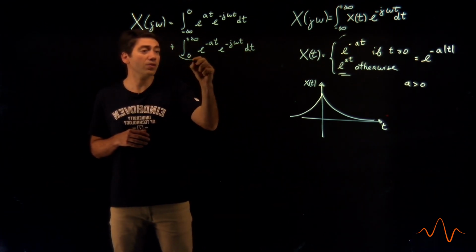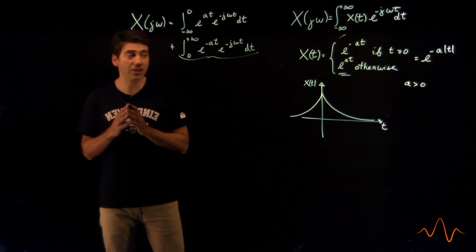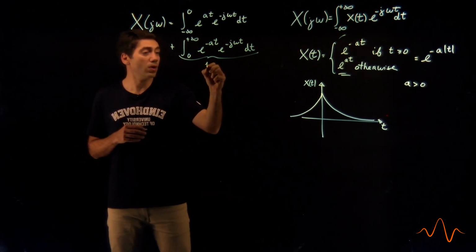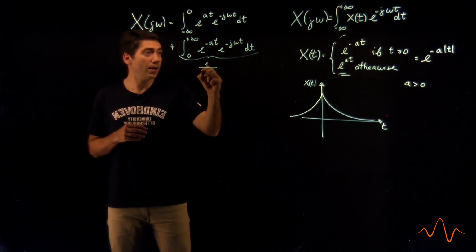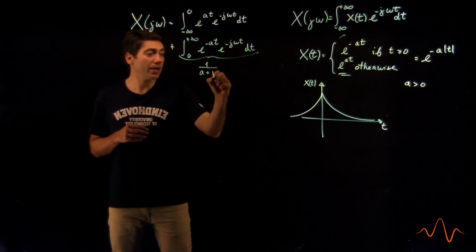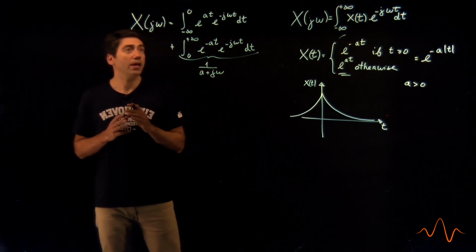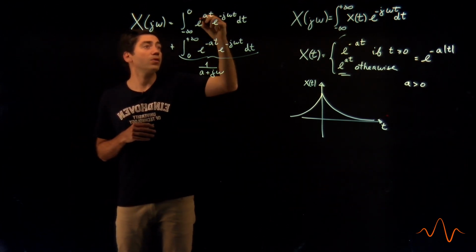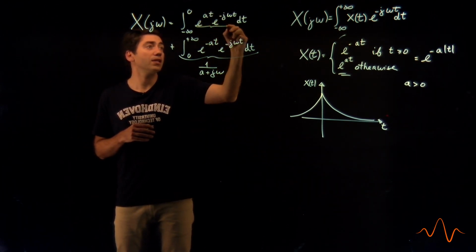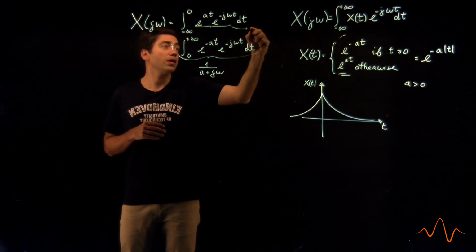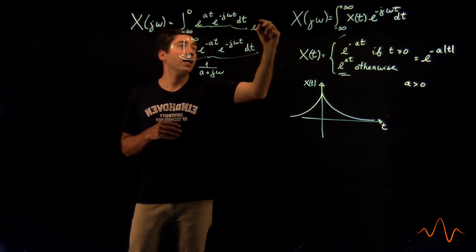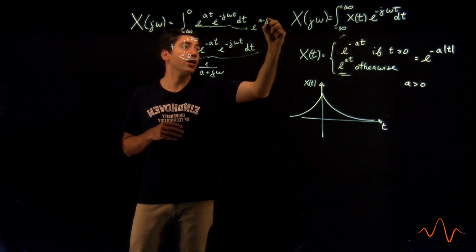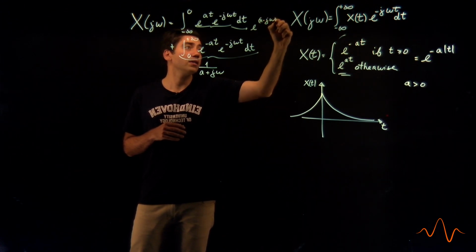Now, this integral over here we have just computed in the previous example and is equal to 1 over a plus j omega. So it remains to compute the first integral. Now again, using similar tricks, we see that this is equal to e to the power of (a minus j omega) t.